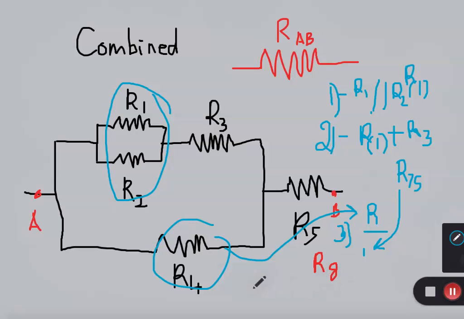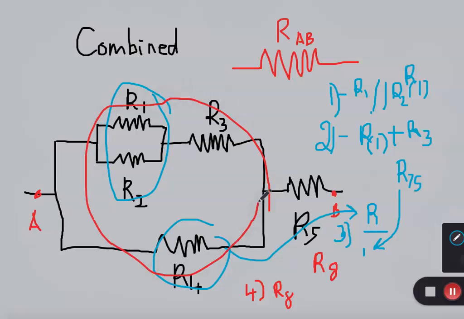And then the last step, number 4, you take R8, because R8 is not all of these. All of these would be R8. And then you see that the R8 is in series with R5, so just add those two up. Then you get your R equivalent.